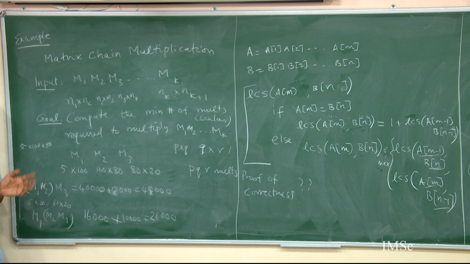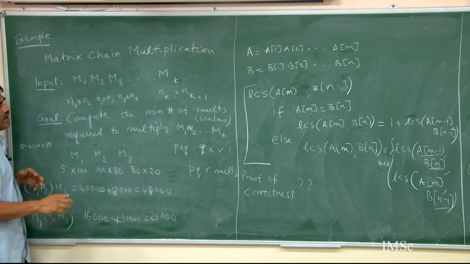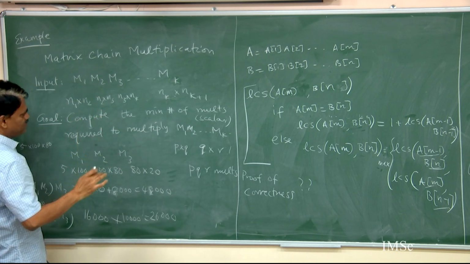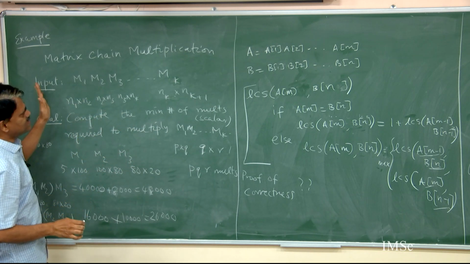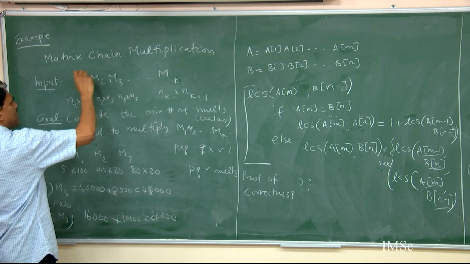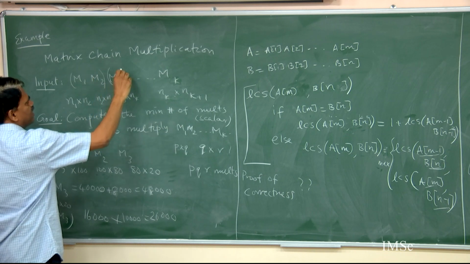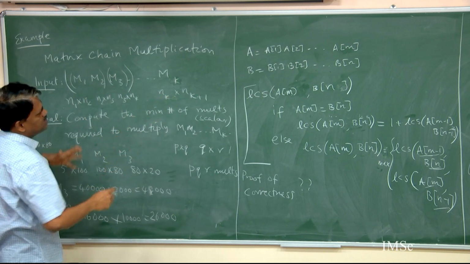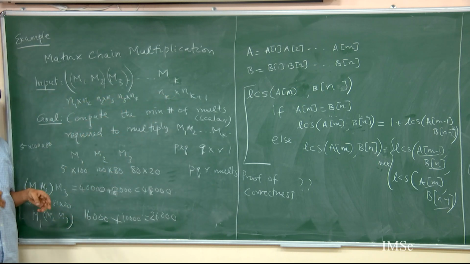Okay, how many choices are there in general? Catalan number, right? It's exactly the number of balanced parentheses. It comes up in multiple different places in discrete math. If I have k different multiplications, I can do M1, M2 first, and then M3, M4, and so there are many choices.